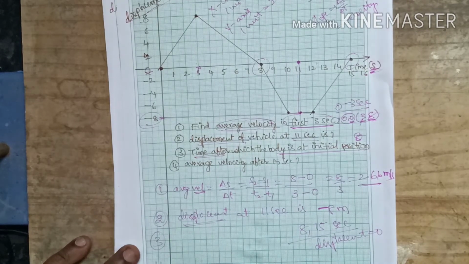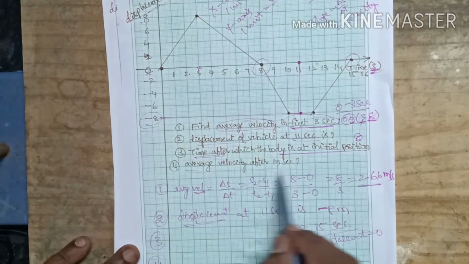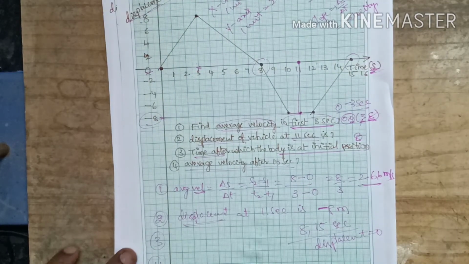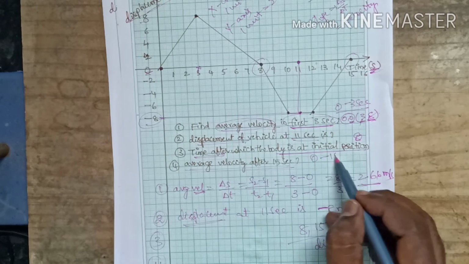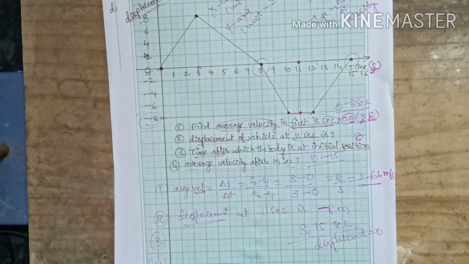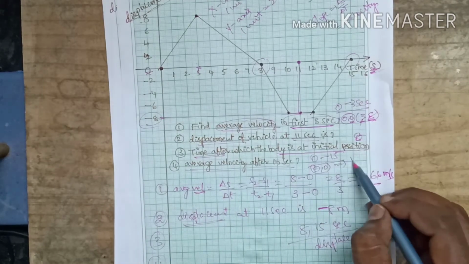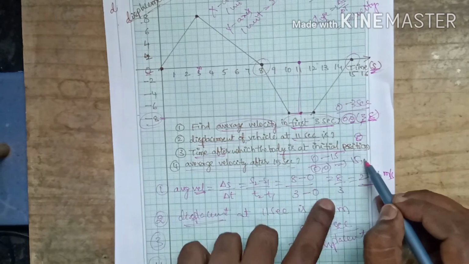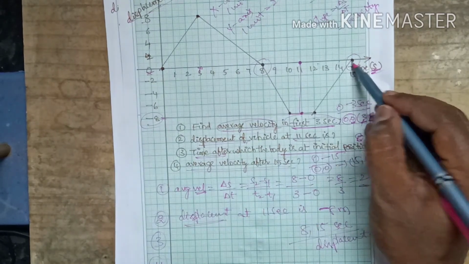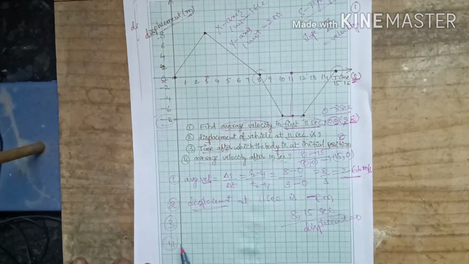Now coming to the fourth one. What is the fourth one? Average velocity after 15 seconds. After 15 seconds means 0 to 15 seconds. 0 is (0, 0). At the 15th second, the point is (15, 0), because at the 15th second the displacement is 0.